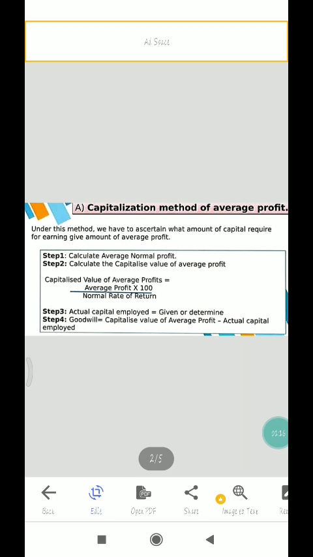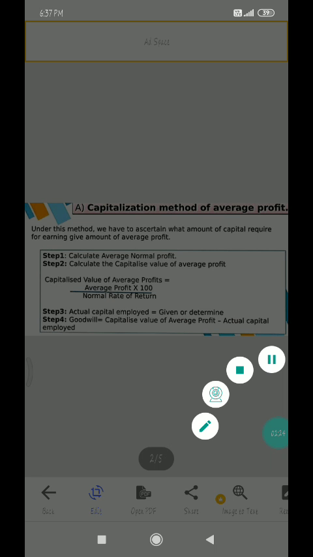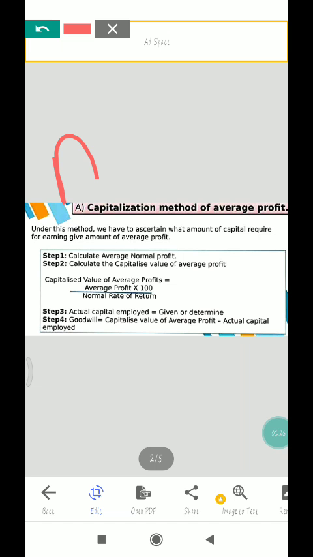So, under this method, we firstly calculate the average profit and then assess the capital needed for earning such a calculated average profit on the basis of the normal rate of return.